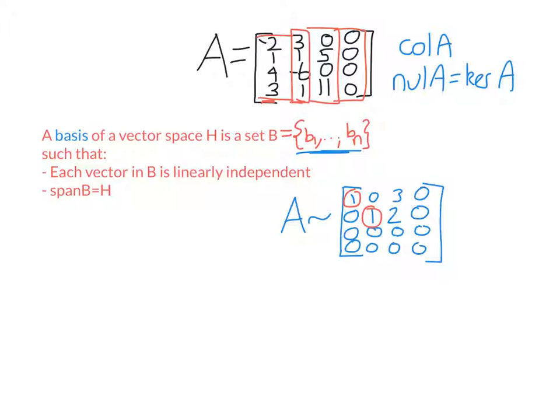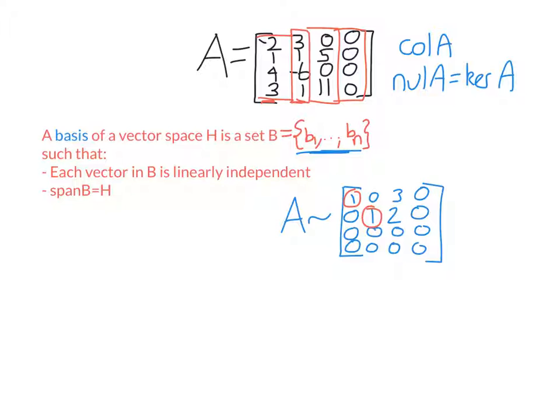The second column is a pivot column because it has a pivot. Of course, it doesn't always work out like that. It is possible that if you row reduce the matrix, the pivot columns will be the first and third columns, or the first and the fourth columns. Just the way of the algorithm, we always make the first column a pivot column.